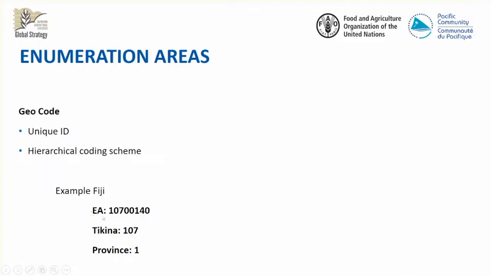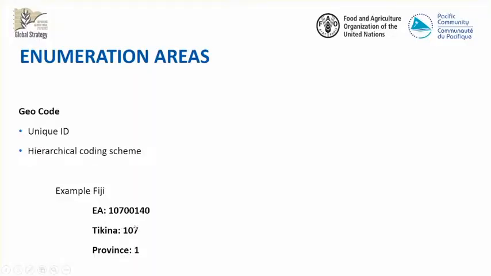The point is that when we create maps and label EAs, it's better to keep the whole EA code, because then we don't have to add information about which island, village or district. Reading that code, we know that it belongs to Tikina 107 and that the EA is located in province number 1.